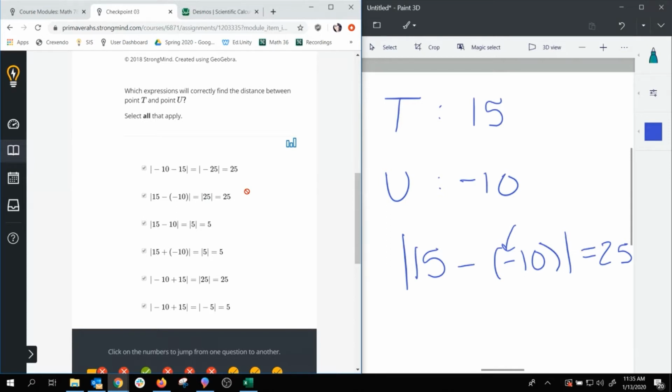The third, fourth one, and the last one. Perfect, right? Those are automatically wrong because they're telling me that the distance is 5, but I know it's 25.